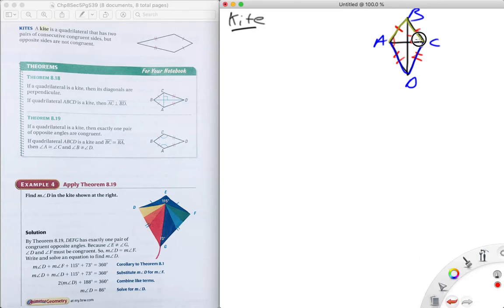So we'll talk about that in a second with the two theorems. So a kite is a quadrilateral that has two pairs of consecutive sides that are congruent.